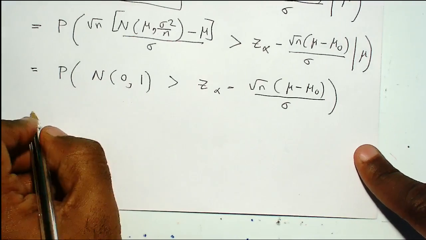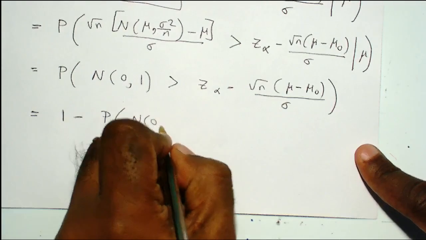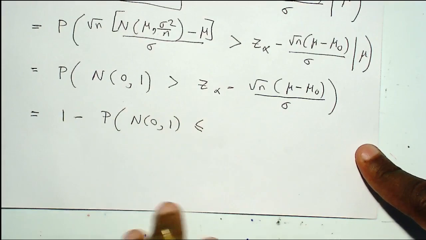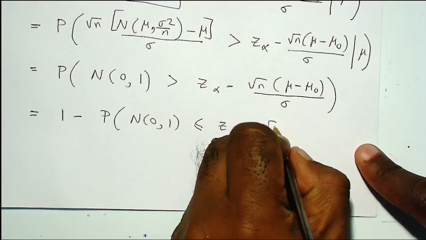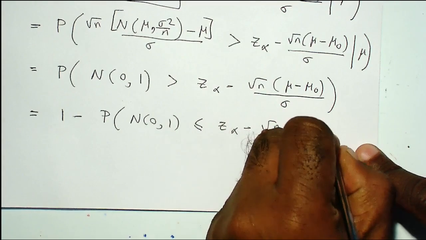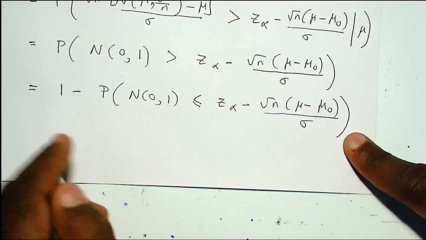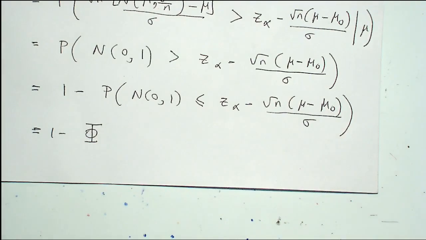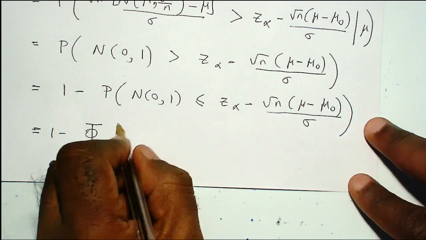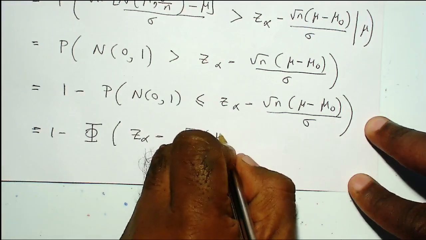So this can be written as the probability that a standard normal, by the negation rule, and finally this is equal to capital Phi, which, as you know, is the CDF of the standard normal, equal to Z alpha minus root n mu.